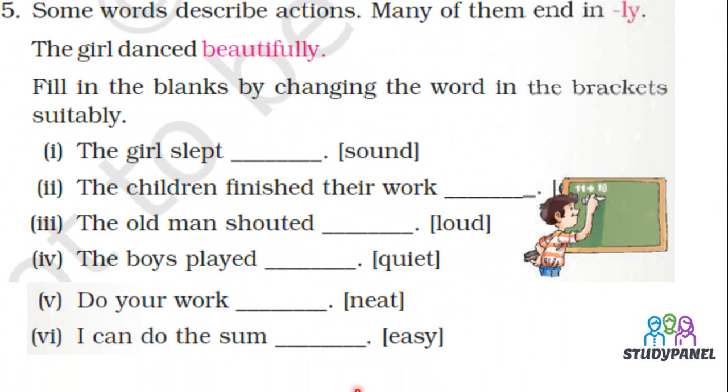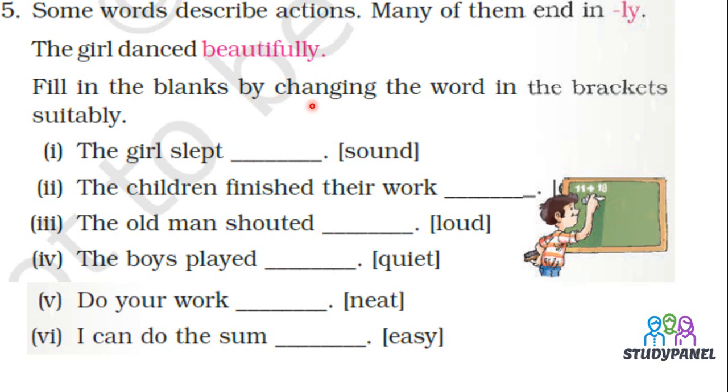Come to the next activity. Some words describe actions. Many of them end in ly. Like the one done for us: the girl danced beautifully. These words describe the actions. If these words end with ly, they add more meaning to the particular word.